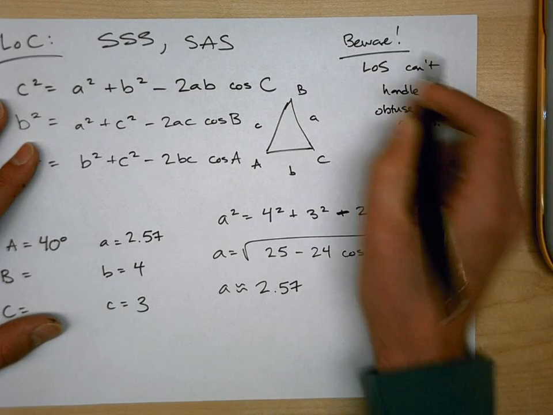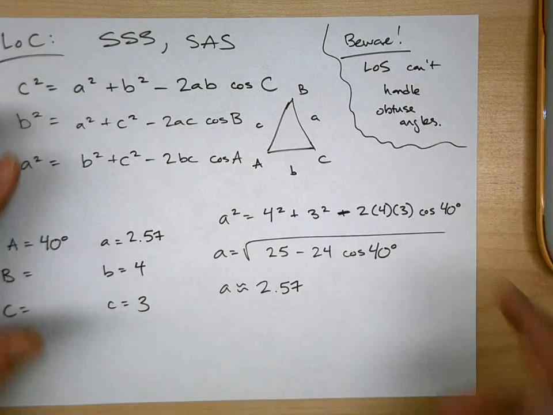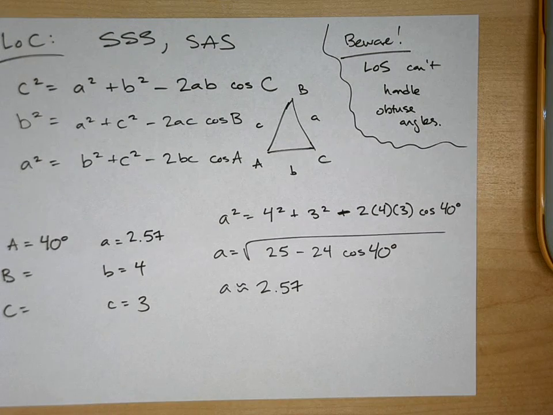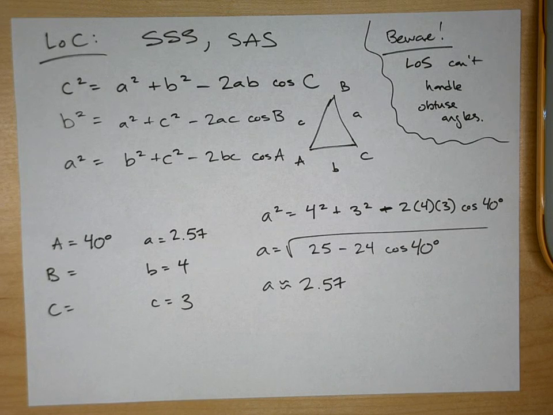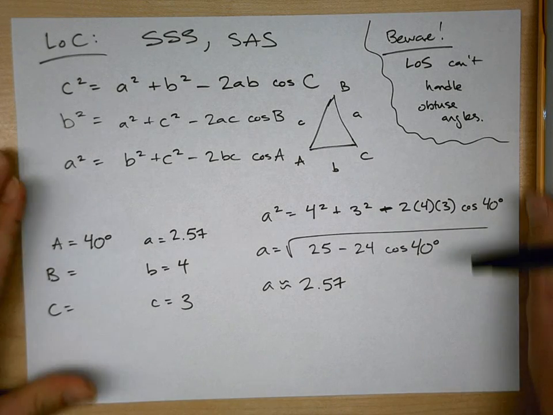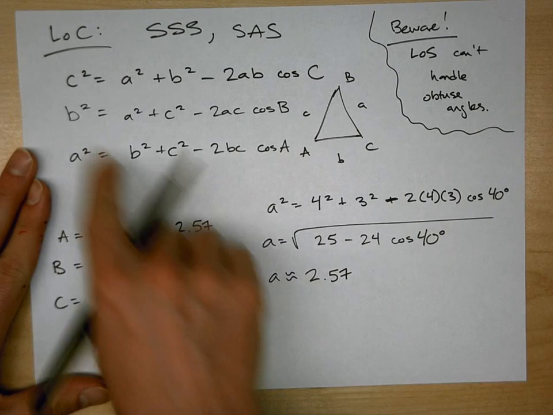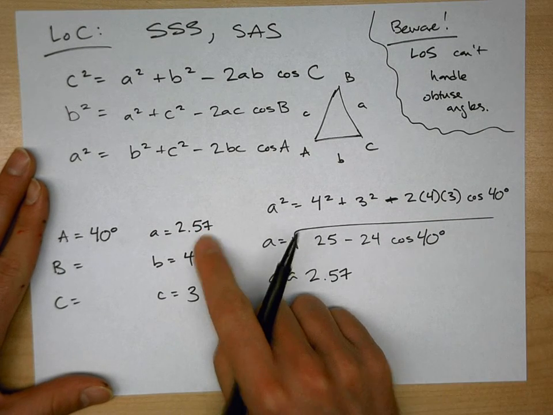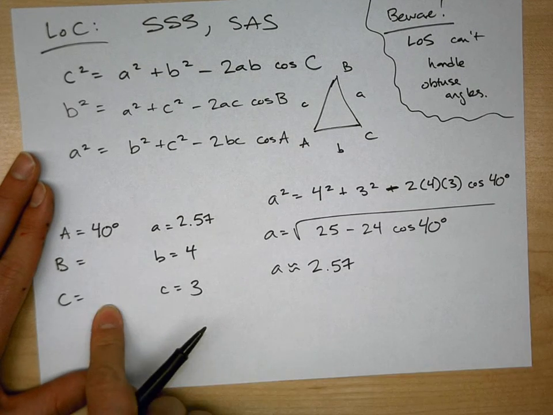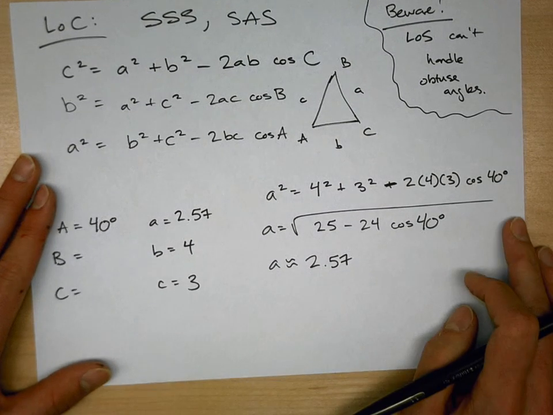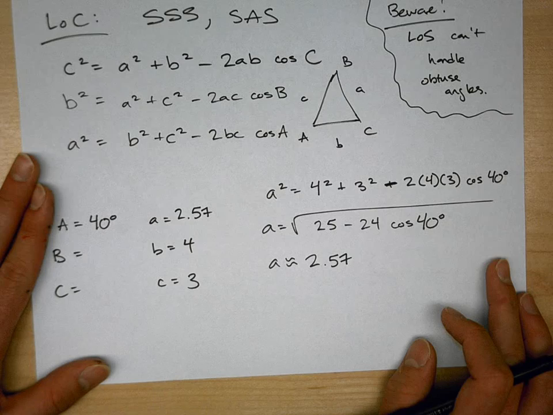The law of sines can only give you outputs that are less than 90 degrees because of inverse sine and its range. That's something for a whole other lecture. So law of cosines is your best bet if you don't know whether or not there's an obtuse angle in your triangle. So let's finish this off using the law of cosines just to be safe.